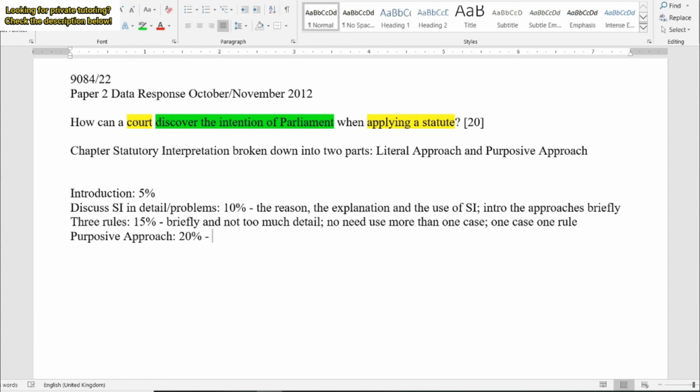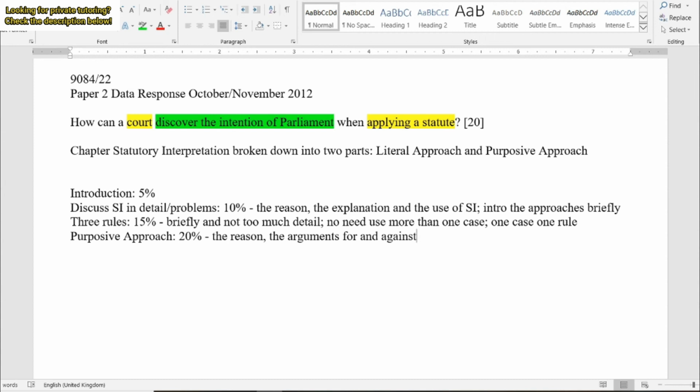This 20% is where you talk about the reason, and the arguments for and against the purposive approach, where you use Lord Denning, Lord Simon, that part there.